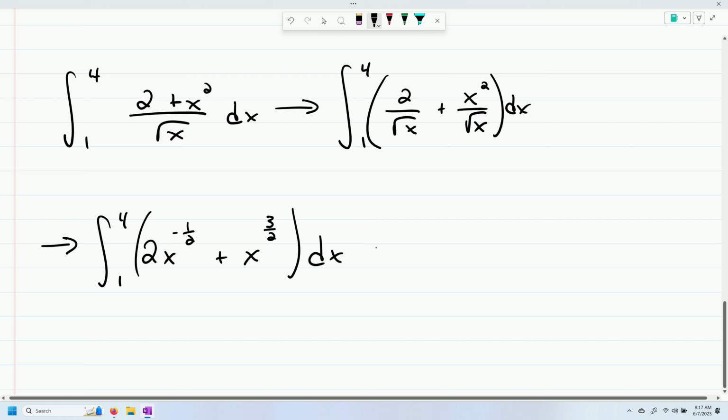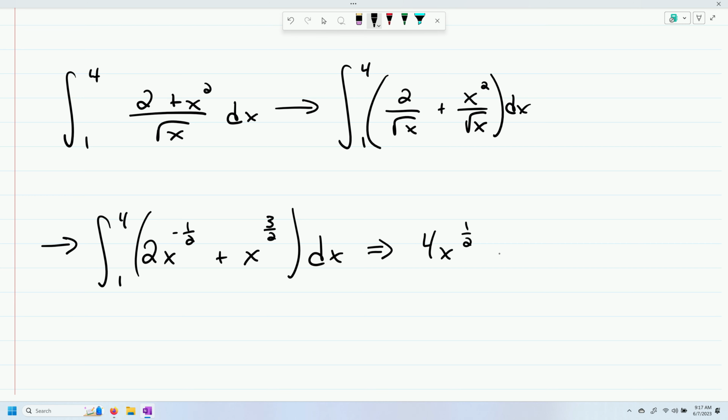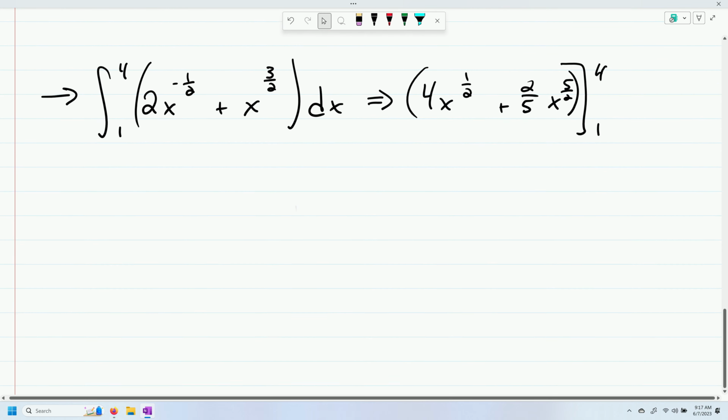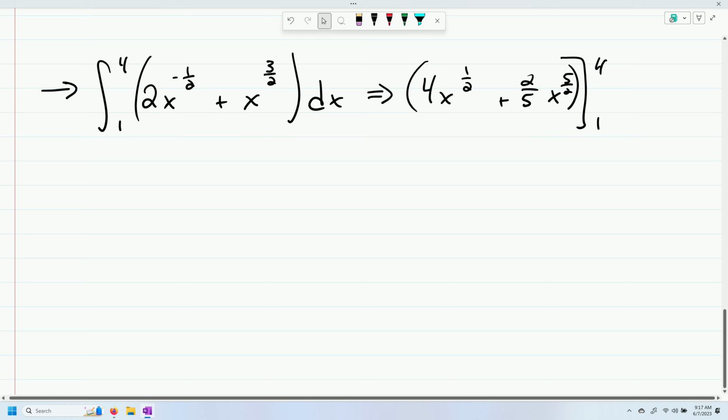So after I integrate this, I'm going to get 4 x to the 1/2 plus 2 over 5 x to the 5 over 2. And we're going to evaluate this entire function between 1 and 4. All right? So hopefully you're following along with me. If not, you could pause the video and go back.